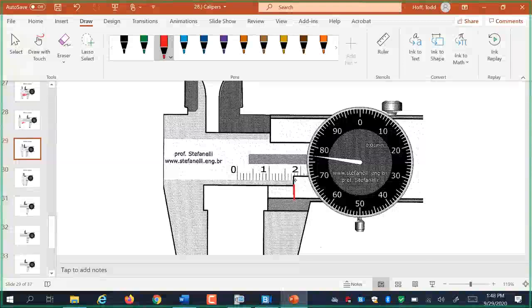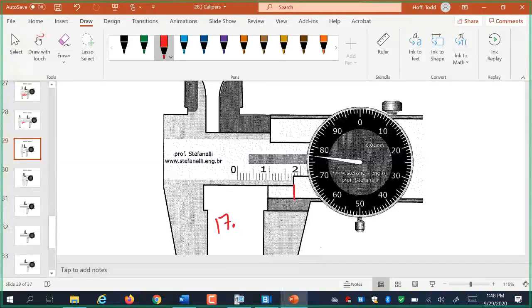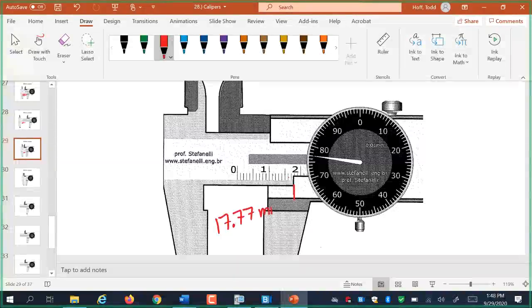So that lines up, the little notch is lining up with 17 there. That's 10, 11, 12, 13, 14, 15, 16, 17. And the dial is 77. So 17.77 millimeters.